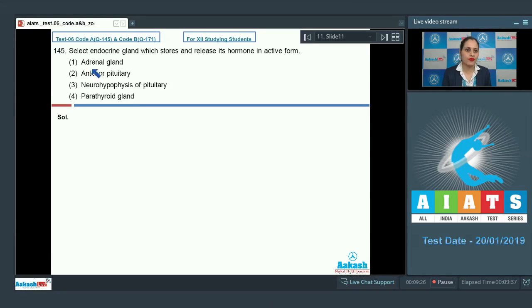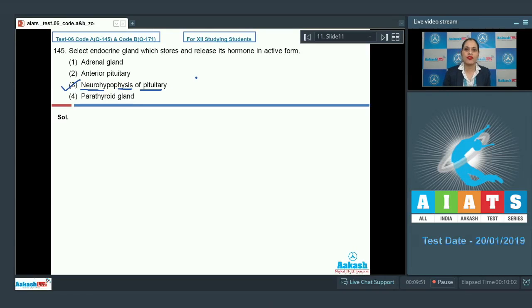Question number 145. Select endocrine gland which stores and releases its hormone in active form. The options given are adrenal gland, anterior pituitary, neurohypophysis of pituitary and parathyroid gland. And the correct answer to this question is option number 3, that is neurohypophysis of pituitary.